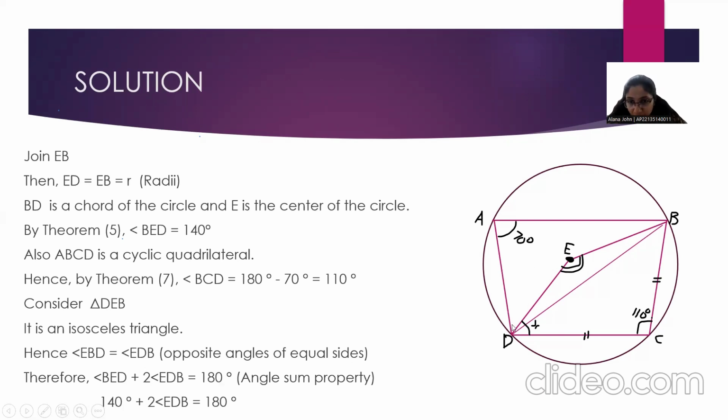But our aim is to find this small angle, right? So we will give this name to both: 2 angle EDB equal to 180 degrees, right? Angle sum property. Then 140 degrees plus 2 angle EDB equal to 180 degrees.